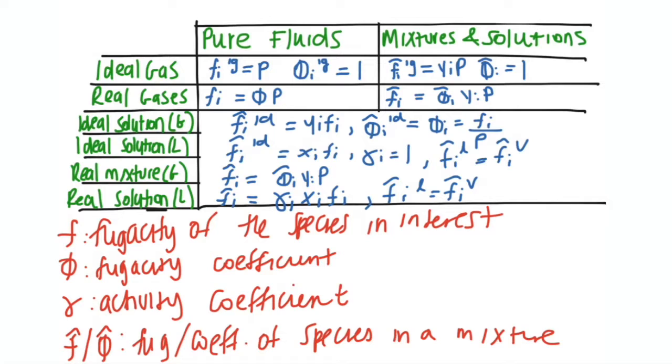So here, let me start with number one, ideal gas. Here on the left-hand side, I have 6 rows.